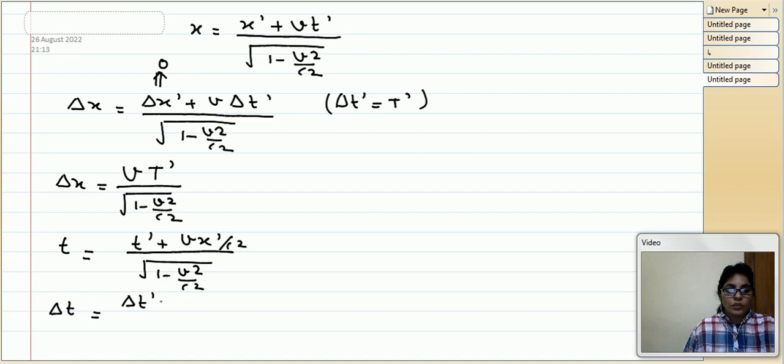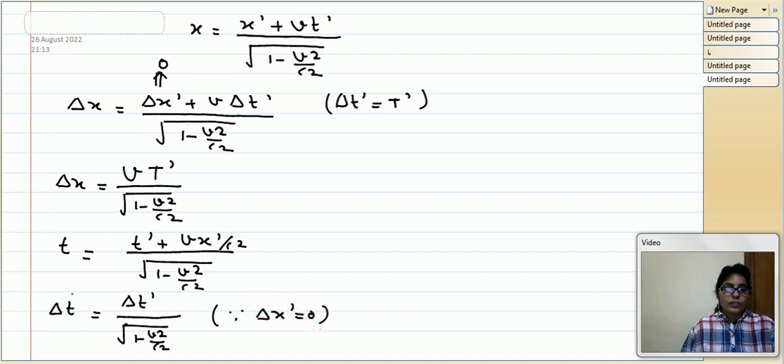Let us substitute delta x dash equal to 0.